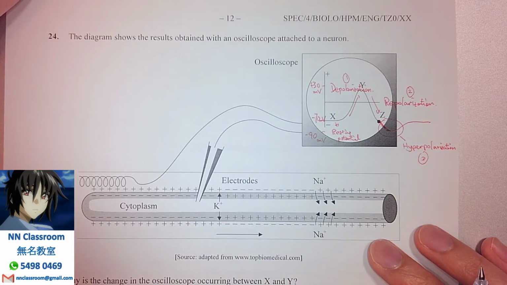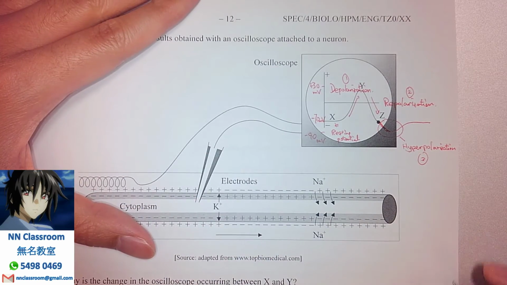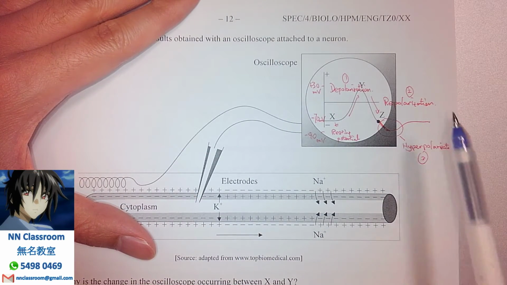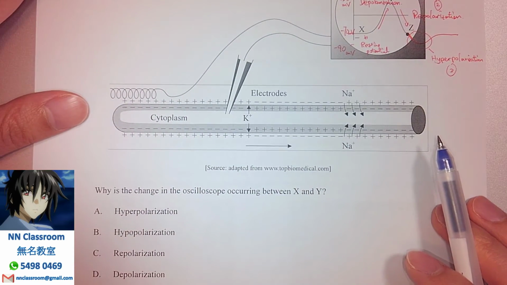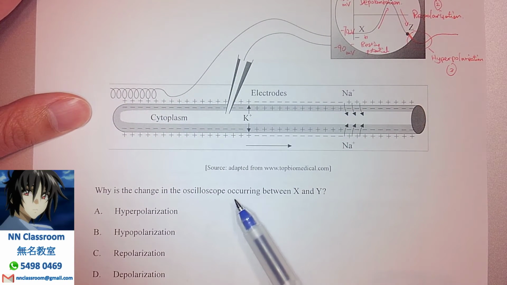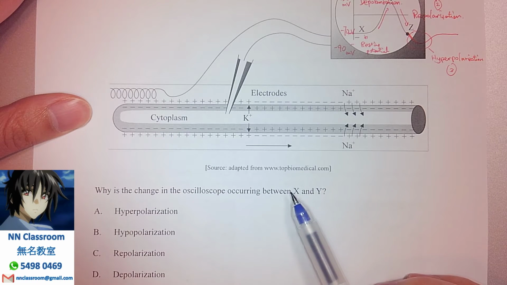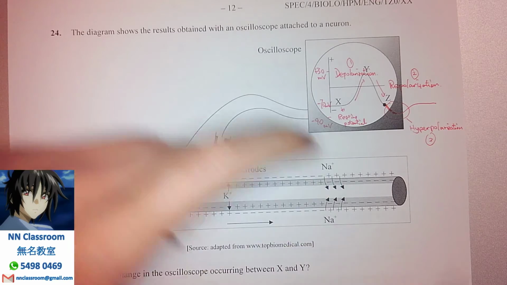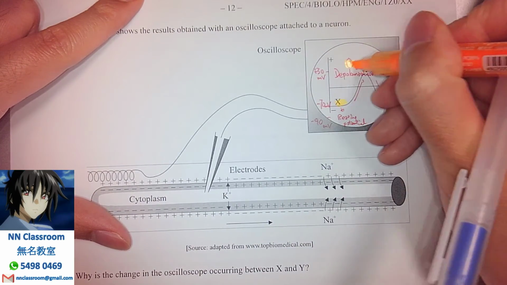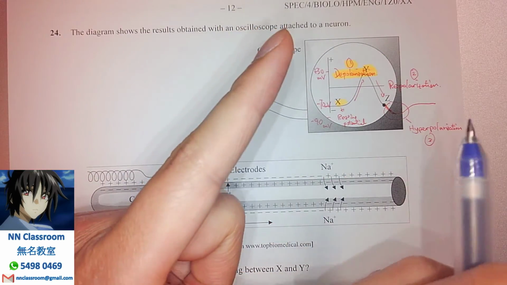So in this case, if you understand the idea behind this oscilloscope trace, then you can realize, for the question asking why the change in the oscilloscope occurs between X and Y, what's between X and Y? Especially what I'm now introducing, point number one, depolarization, right?